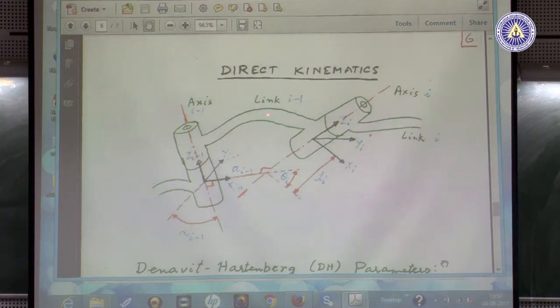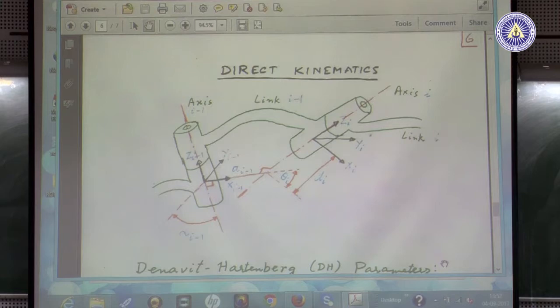So, suppose link i minus 1 is connected to link i through this joint. Okay. Similarly, the previous link in the series i minus 2 is connected to link i minus 1 through this joint, which is axis i minus 1. Axis i minus 1 is a line in 3 dimensional space.